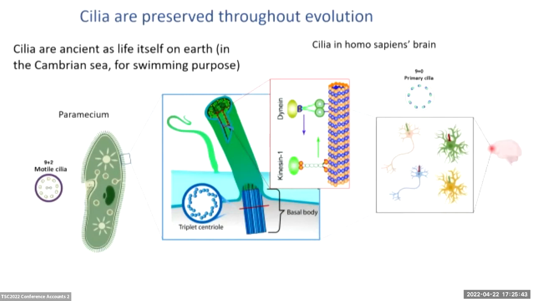Almost all cell types in all organisms have cilia. In our brain, the motile cilia are around the ventricles and move the CSF, the cerebrospinal fluid, and the primary cilia exist on almost all neurons and glial cells, such as astrocytes.